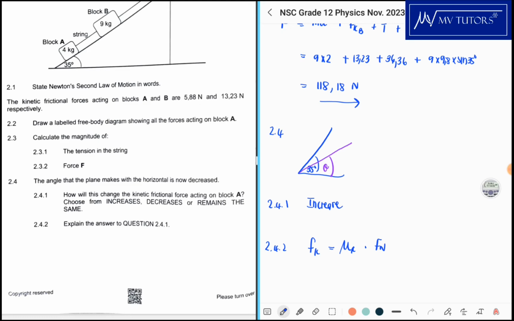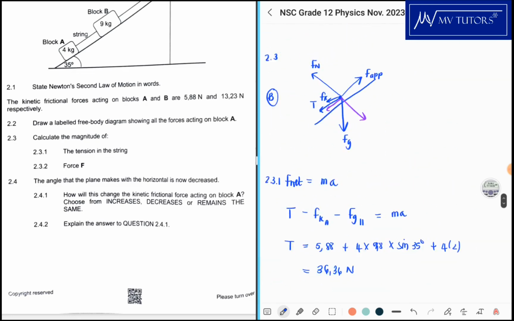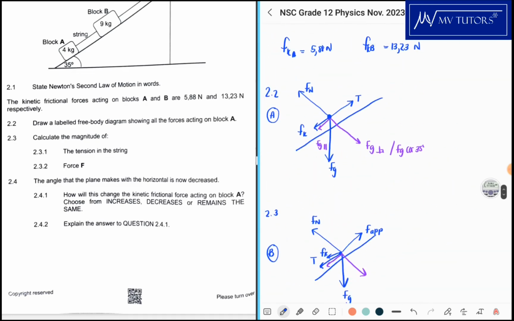All right, and remember, frictional force is directly proportional to your normal force. Let's just go back to the free body diagram here. Your normal force is related actually to your cos, your angle, 35 degrees.